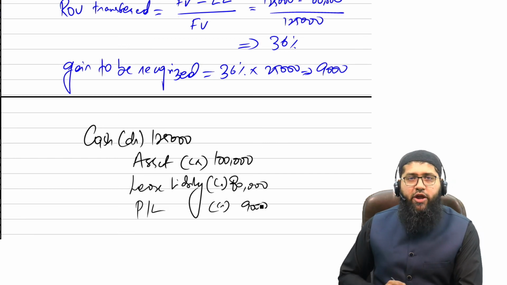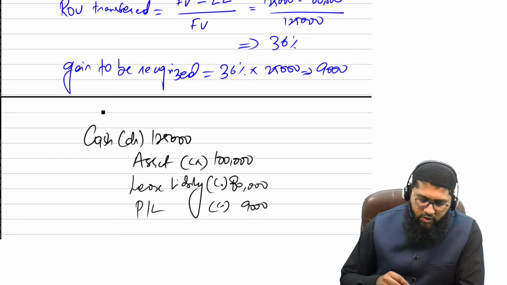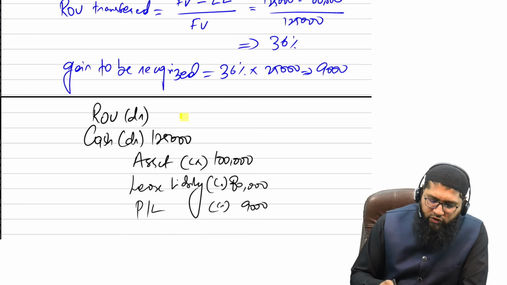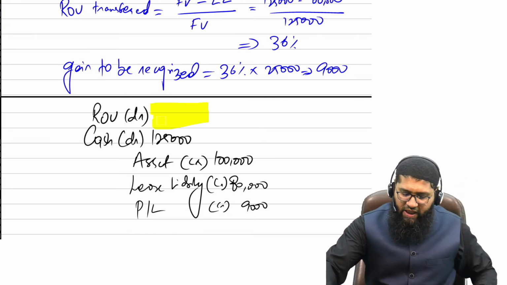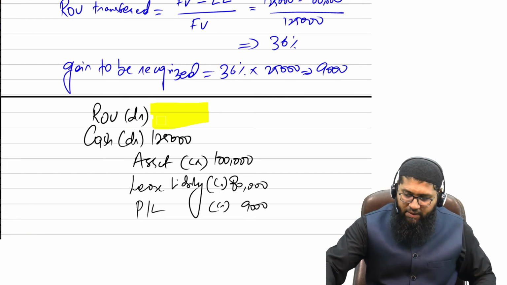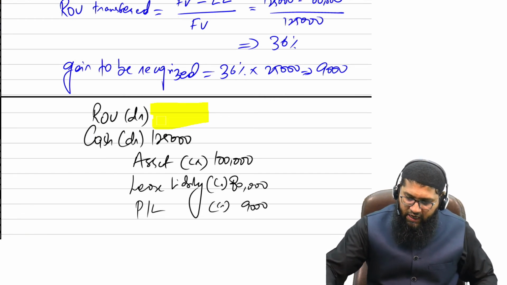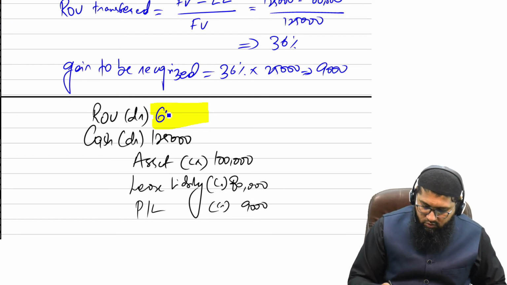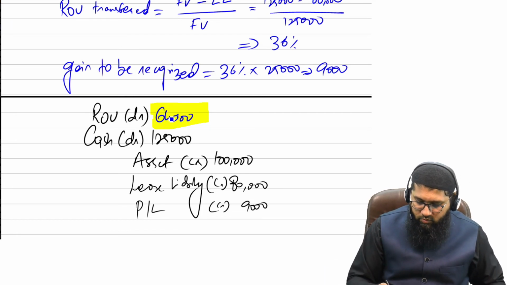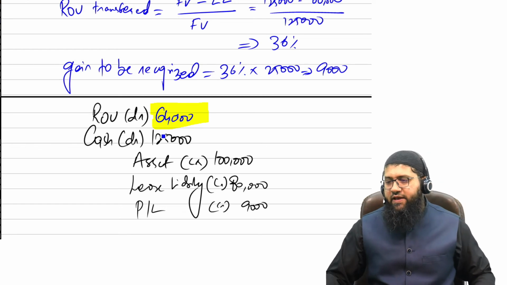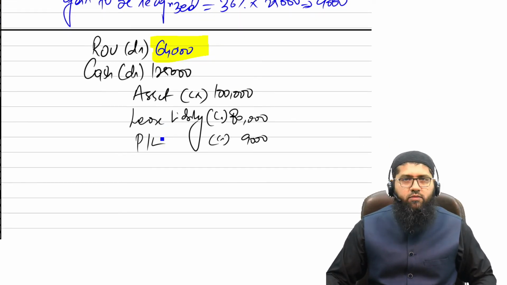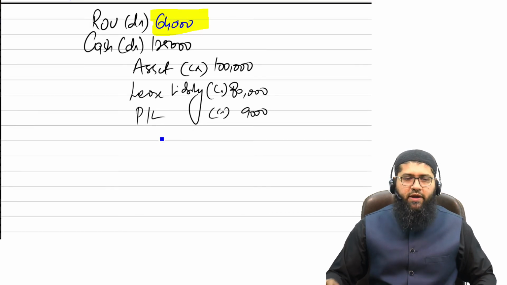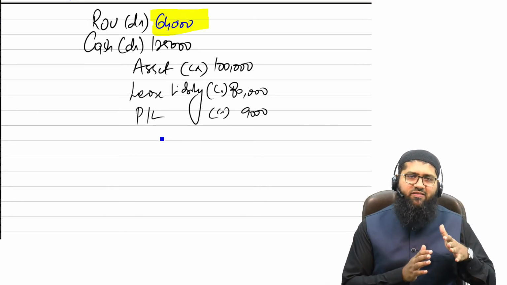The P&L is going to be recognized by 9,000. And then the balancing figure is going to be taken to the right of use of the asset. If I establish the balancing figure, it is going to be 64,000. My balancing figure is going to be 64,000. You get it?